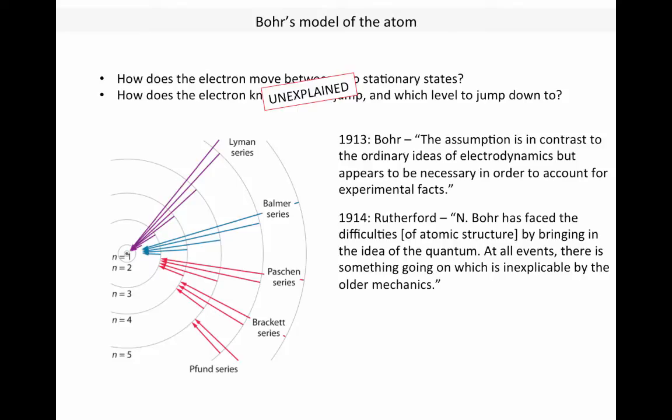In Bohr's 1913 paper, he says that the assumption, referring to his principles, is in contrast to the ordinary ideas of electrodynamics, but appears to be necessary in order to account for the experimental facts. So Bohr is saying, yeah, I know that I'm having to violate physical laws here, but I'm left with no option.